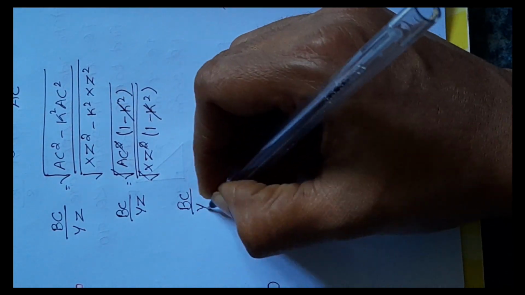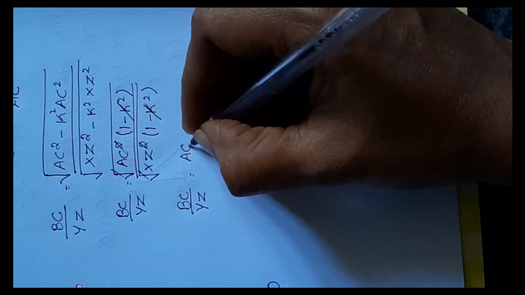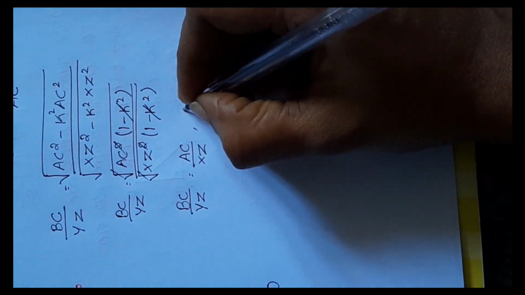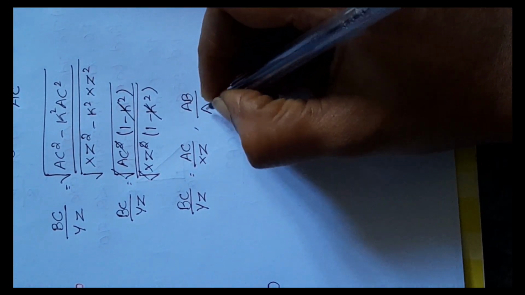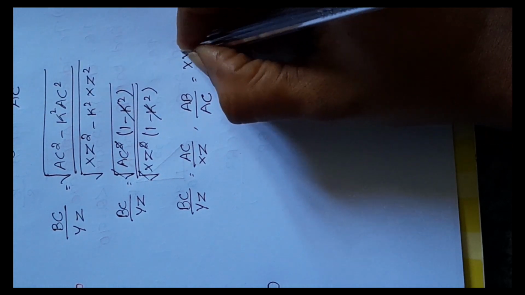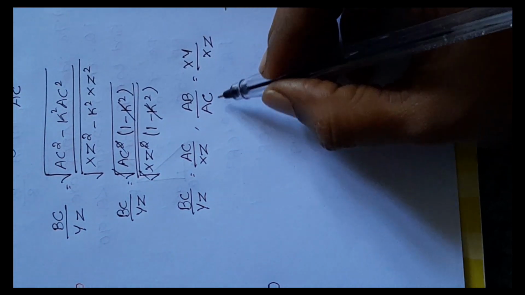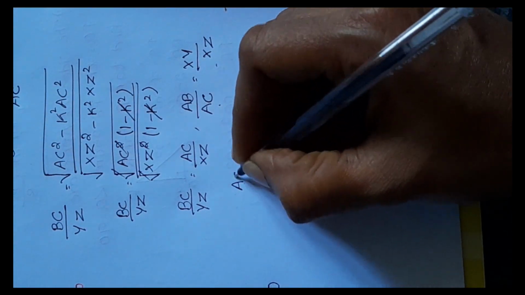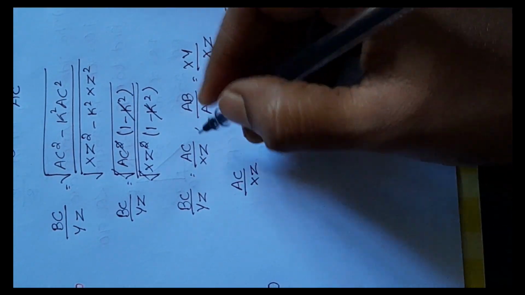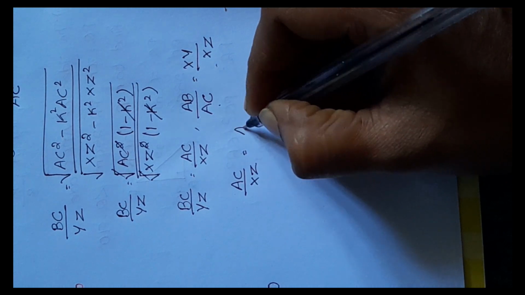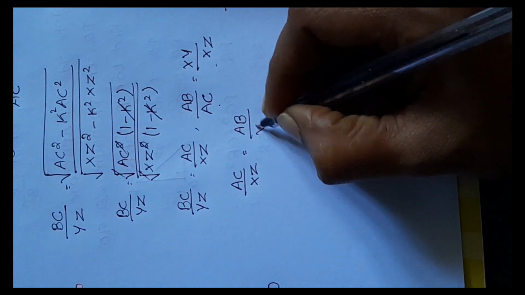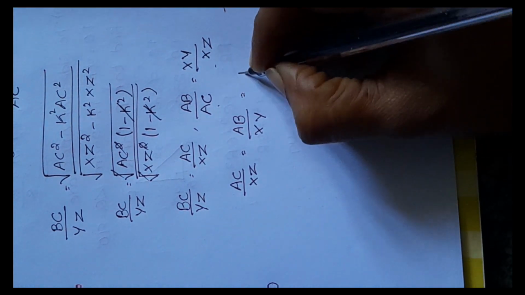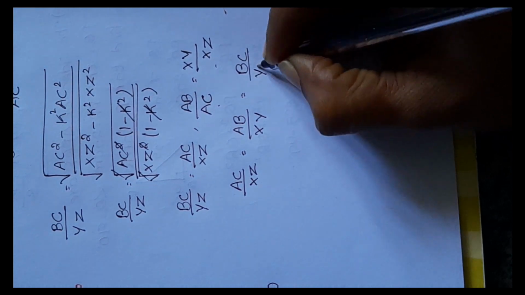Now BC by YZ is equal to AC by XZ. And AB by AC is equal to XY by XZ. This is from cos A is equal to cos X. From this we can write AC by XZ is equal to AB by XY, which is equal to BC by YZ.